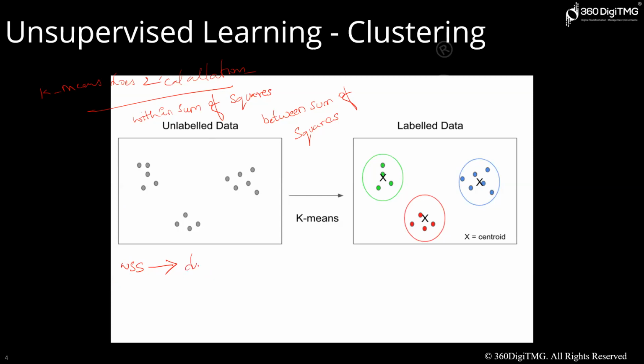That means the distance from the centroid for every data point in a cluster.